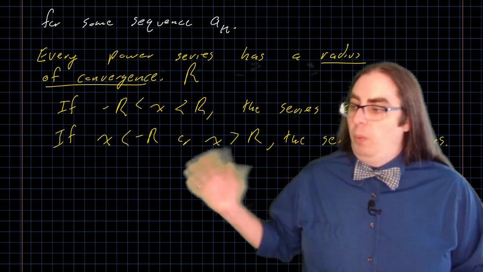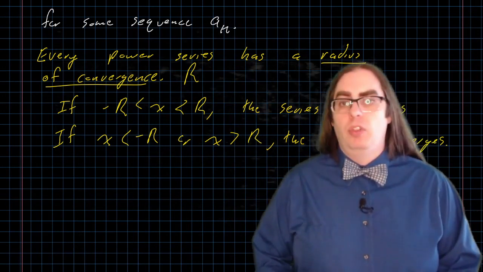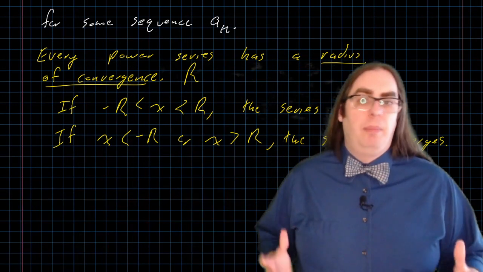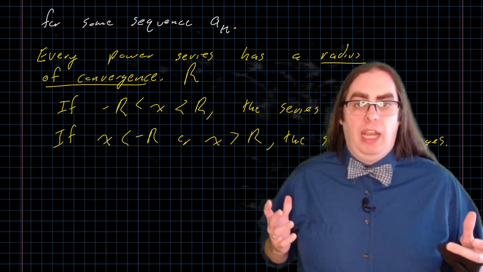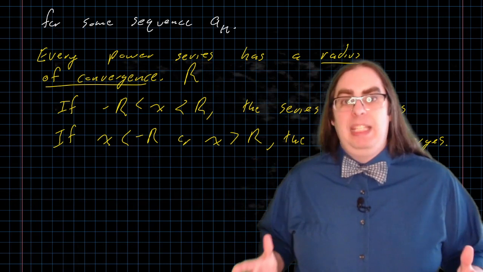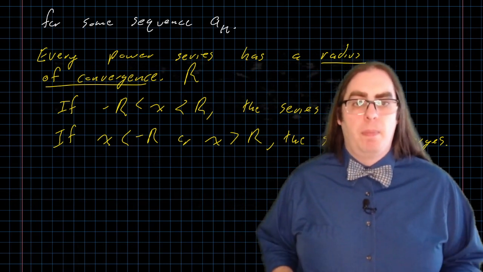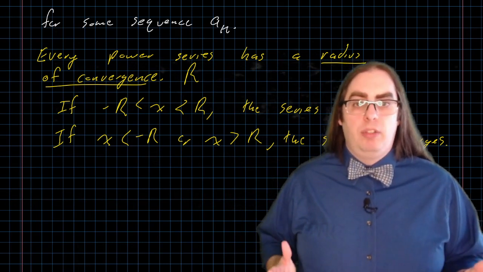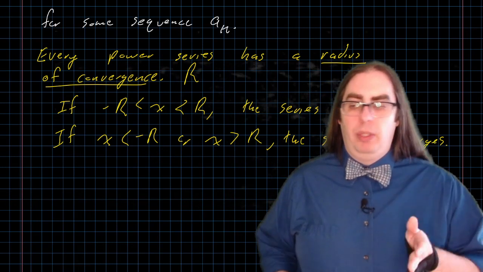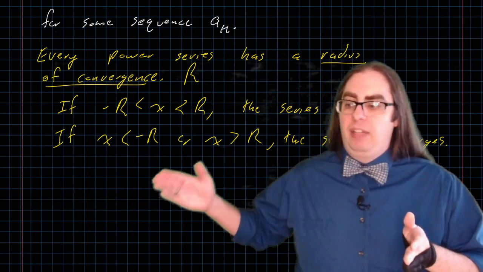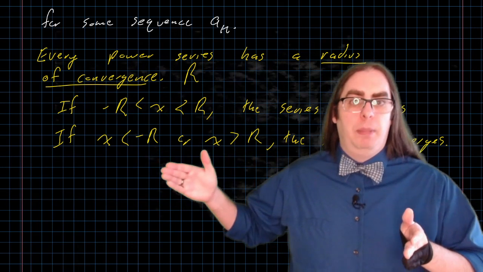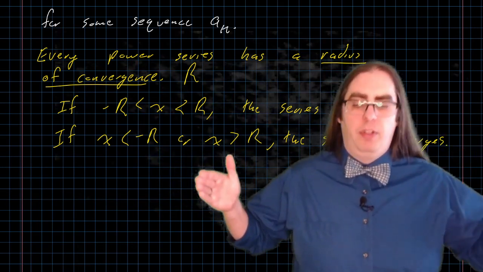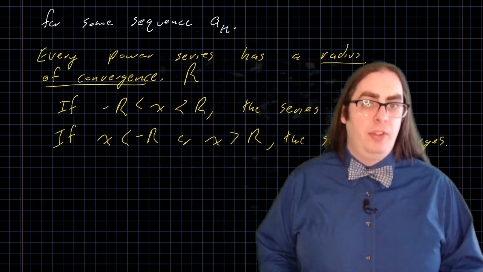When we're talking about radius of convergence, if you are modeling a beam in a building, then your coordinates might be that x equals 0 is right in the center of the beam, x equals negative R is where the beam attaches on one side, x equals positive R is where the beam attaches on the other side.